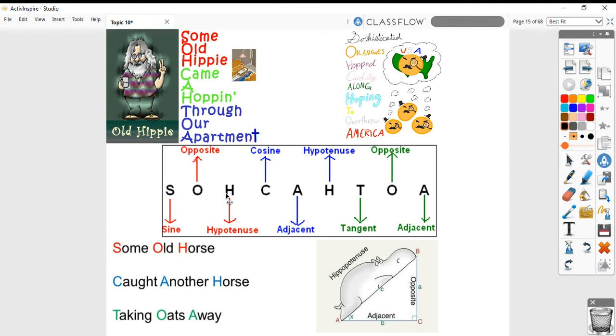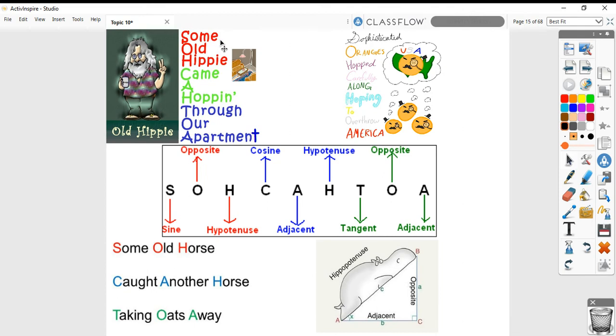These are some examples of different ways you can remember SOHCAHTOA. Some people just remember SOHCAHTOA going straight across, but a lot of people find it more useful to come up with an actual phrase.